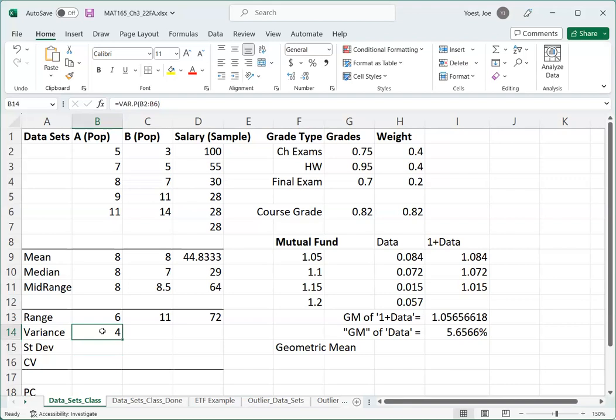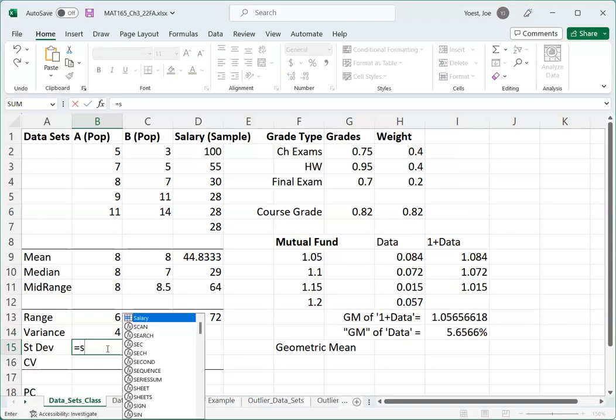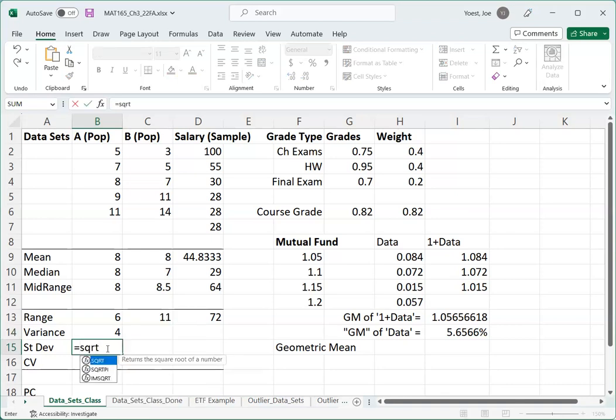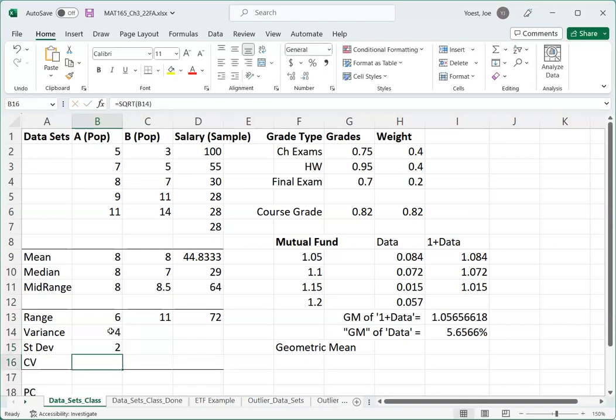And we see we get 4. Remember that variance is always in square units, so this is 4 returns per day squared. Not a very sensible answer, but I could take the square root, using the SQRT built-in Excel function, of that variance to get 2. Right, that gets me the standard deviation.